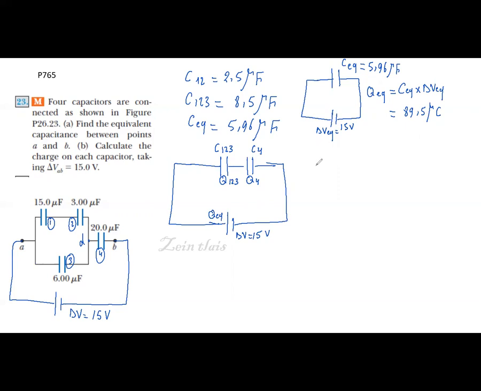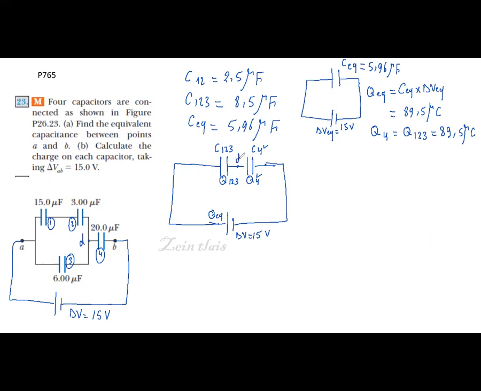So Q4 equals Q123 equals 89.5 microcoulomb.